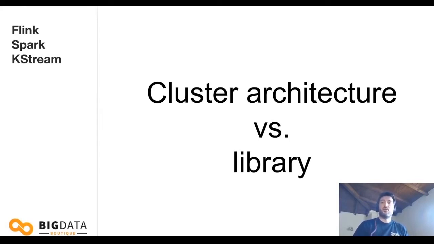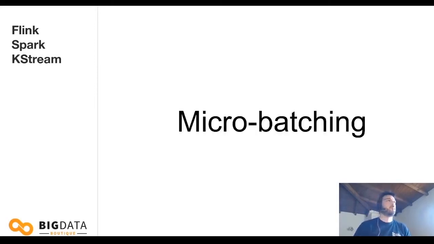As with everything, the advantages in technology usually mean disadvantages in different use cases. Micro batching, this is particularly for Spark. Spark is an extremely popular framework for batch pipelines.